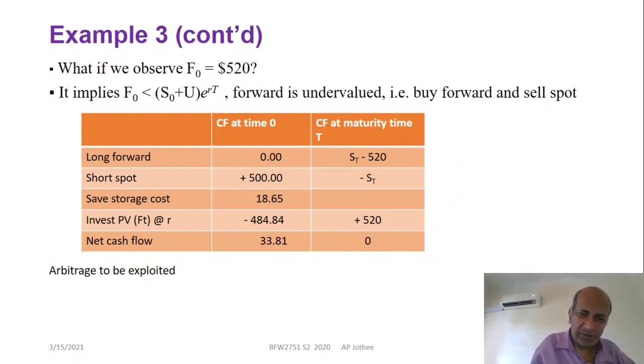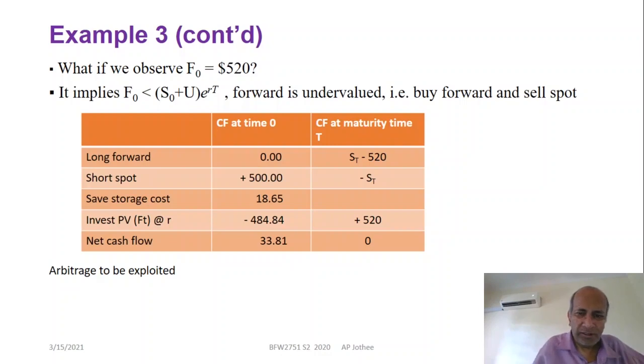You get the difference. So you just calculate the present value of this 520, which is 484.84. So 500 plus 18.65 minus this, you get $33.81 as your arbitrageable profit here.